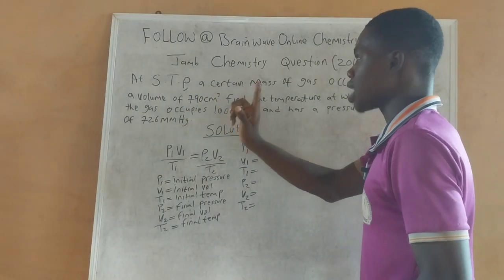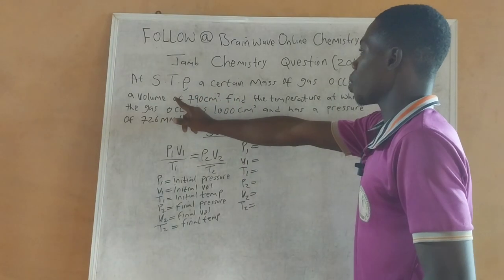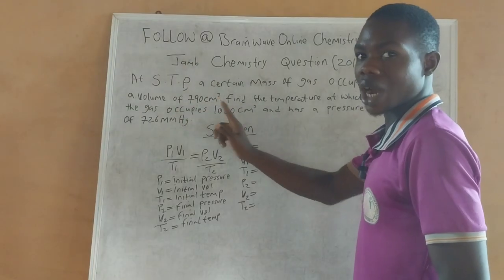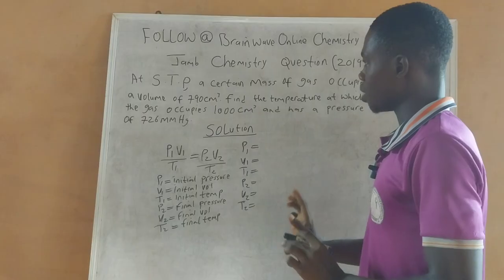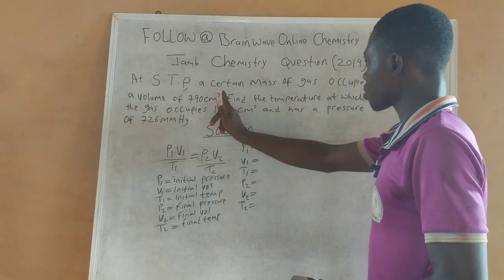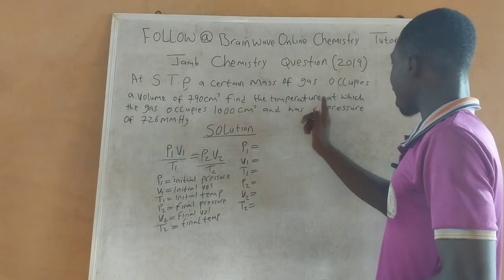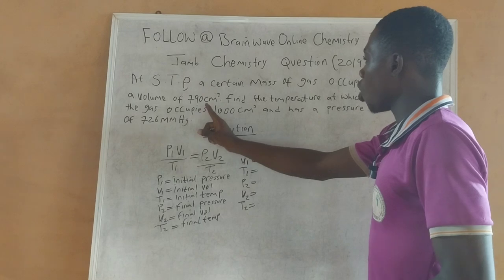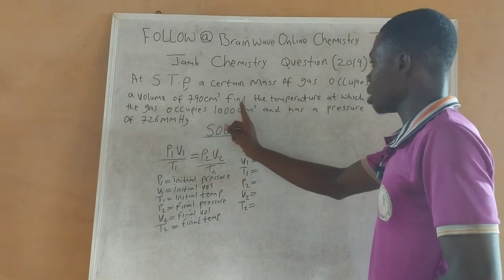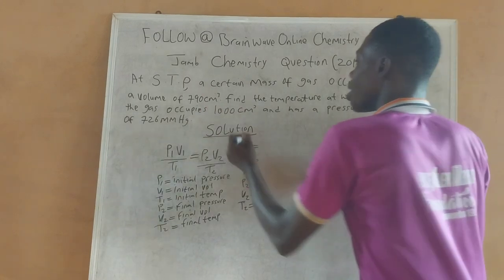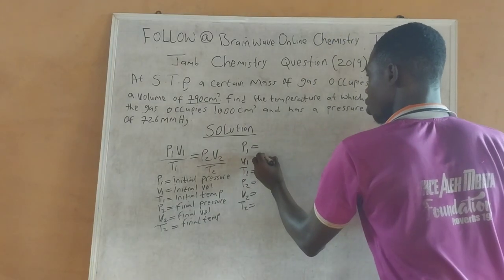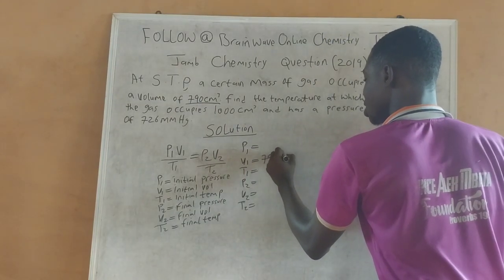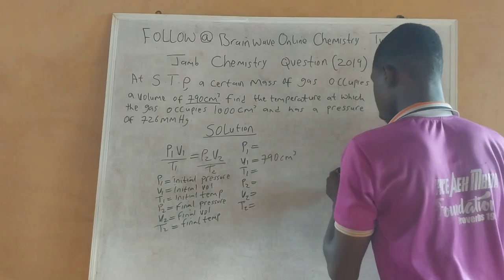STP means standard temperature and pressure. Now, standard temperature has a value and standard pressure also has a value. Now it says at STP, a certain mass of gas occupies a volume of 790 cm cube. Now this happens to be our first volume, which is our V1, initial volume. So it's 790 cm cube.